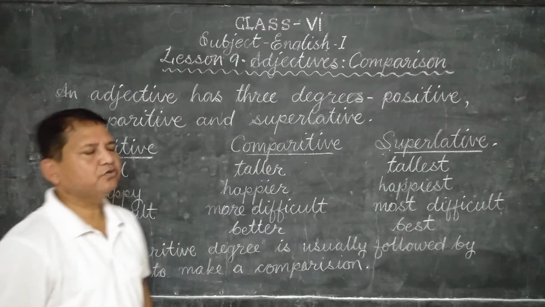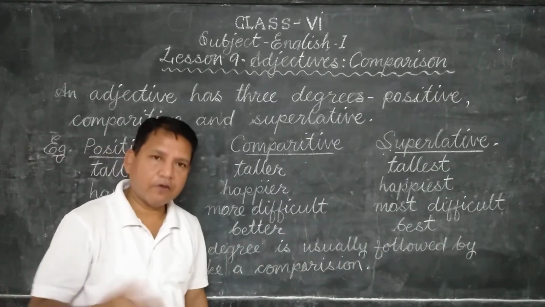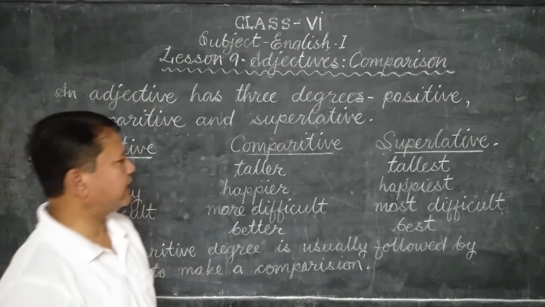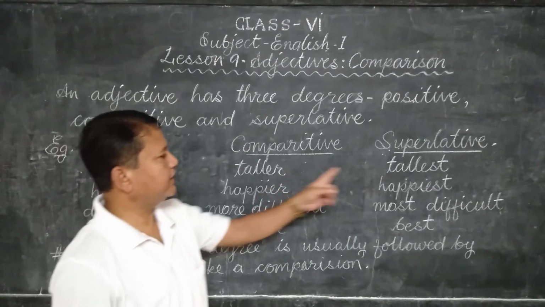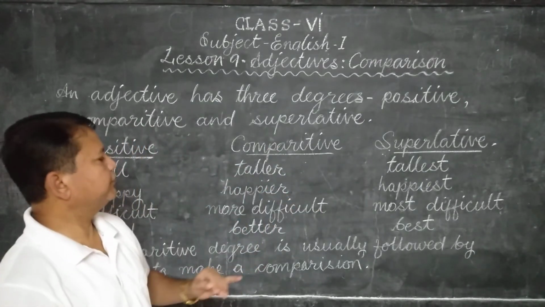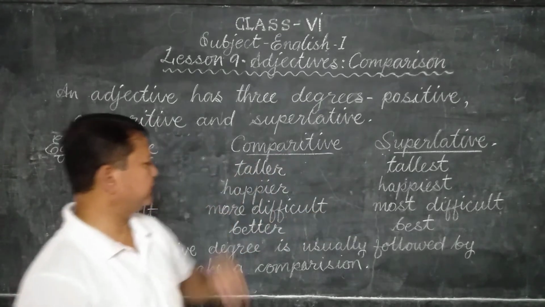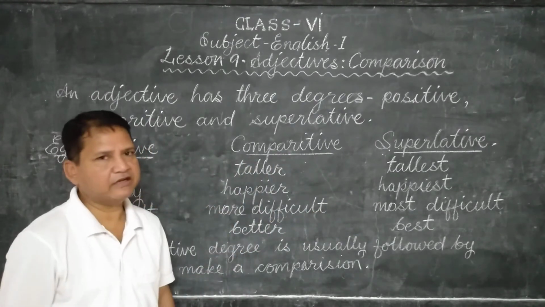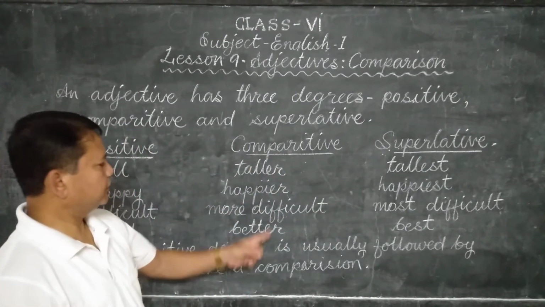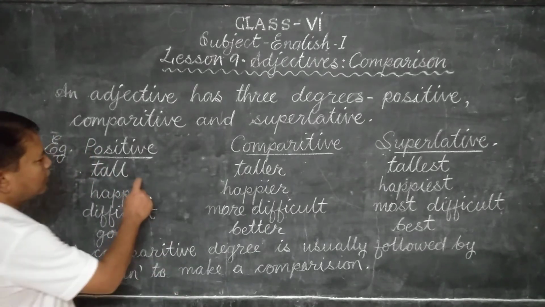Comparisons can be formed by adding er or est. In some you have to add ier and iest, but some cannot be changed like that. See, I'll show you the example.